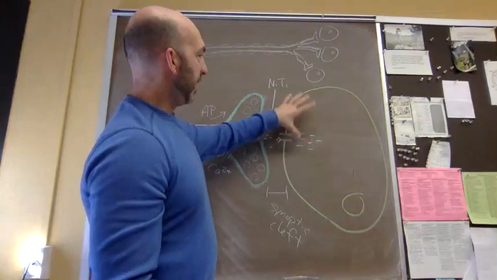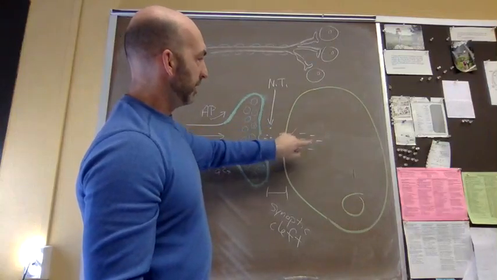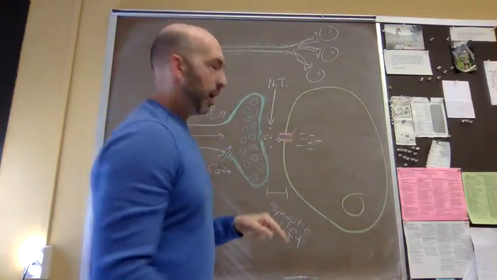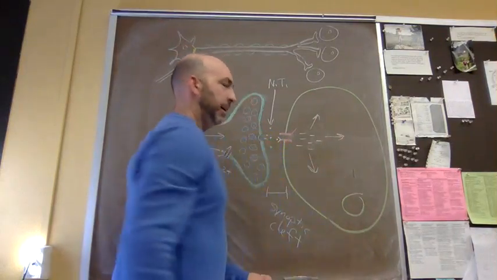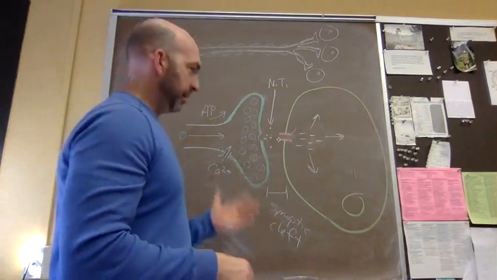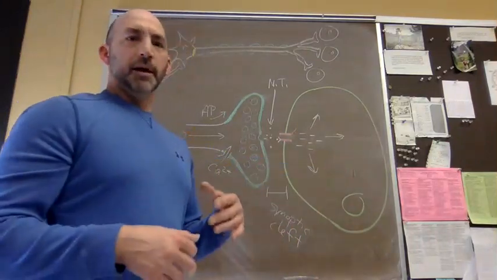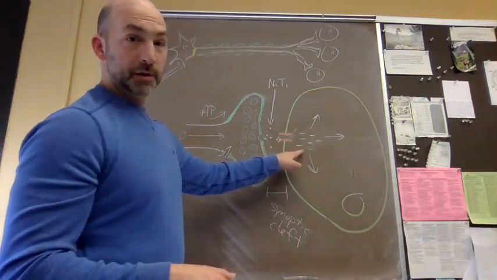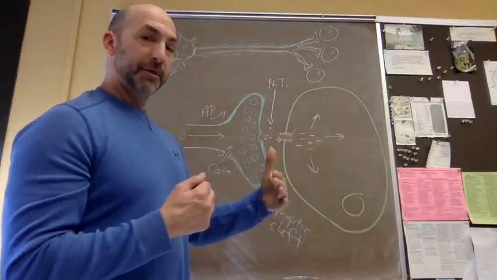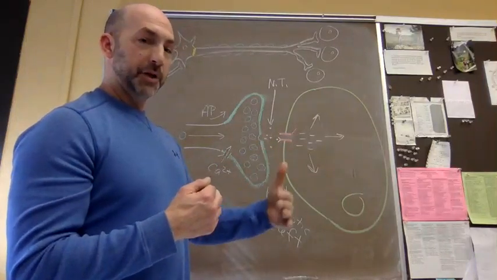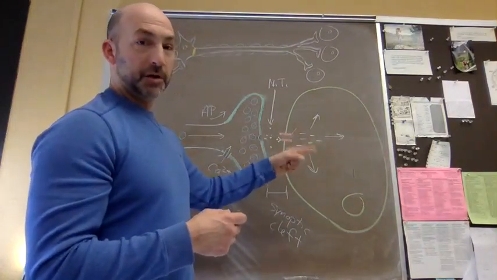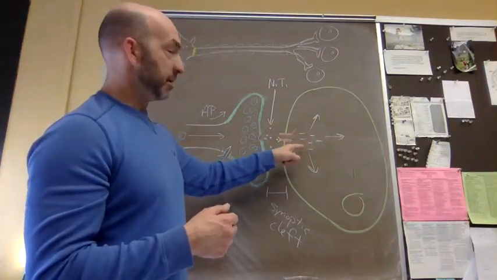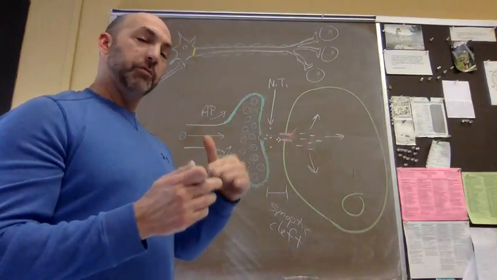The rest of the cell is, in this scenario, more positive than this particular region, and so you get electrotonic current outward. Right? Dissipates with distance, and again, if this is a neuron, this would be inhibitory to it because it's pushing you away from the threshold of the voltage-gated channels. If this were, go backwards, if it was sodium or calcium, then these would be plus signs, and that would be stimulatory because it's pushing you toward the threshold.